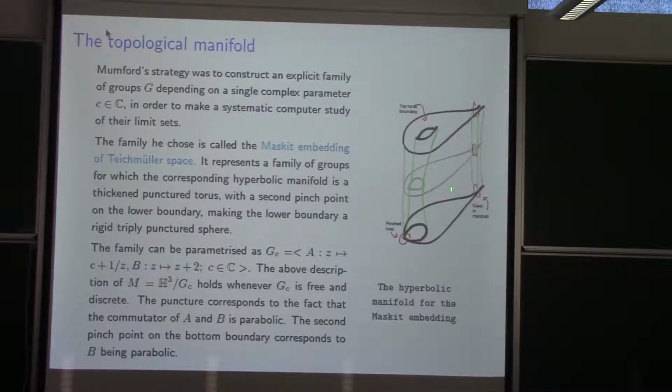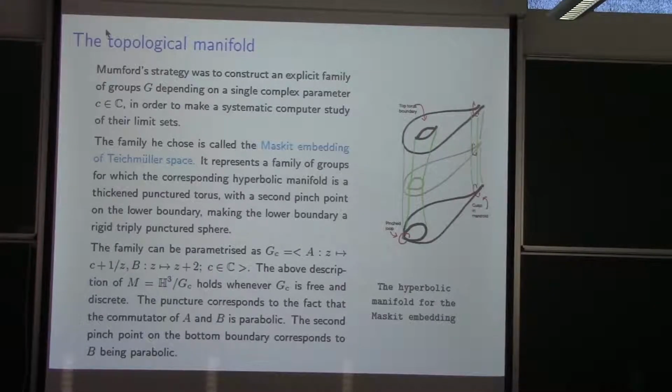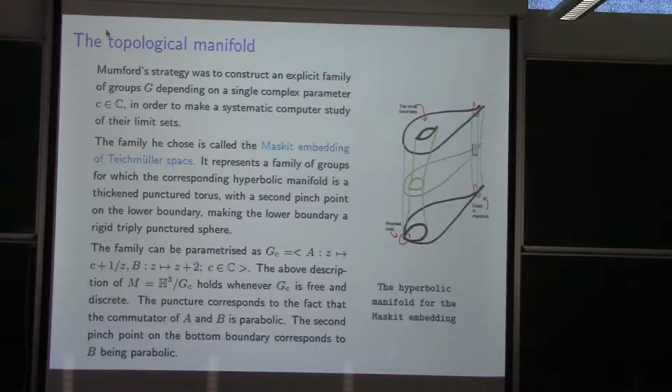These correspond to this manifold, which is a thickened punctured torus. It's a punctured torus cross an interval, but on the bottom boundary one additional curve has been pinched to be parabolic, and that corresponds to this B generator here. If you work out the commutator of these two, it's always parabolic.